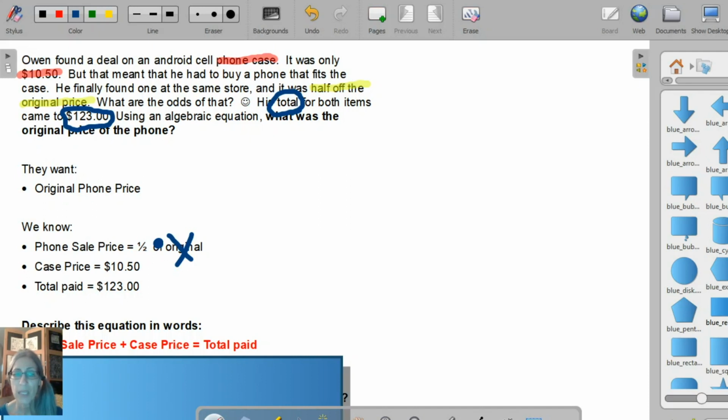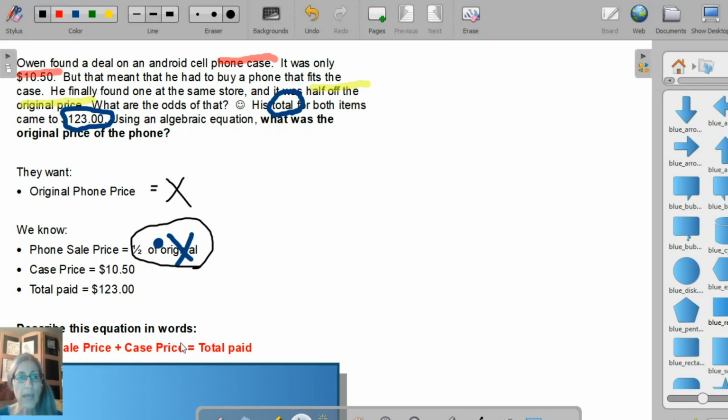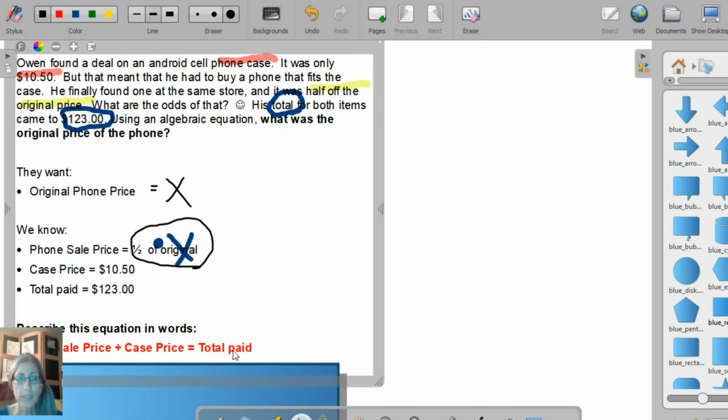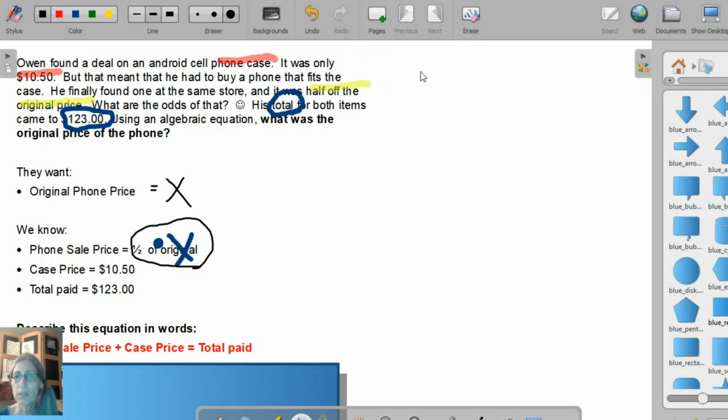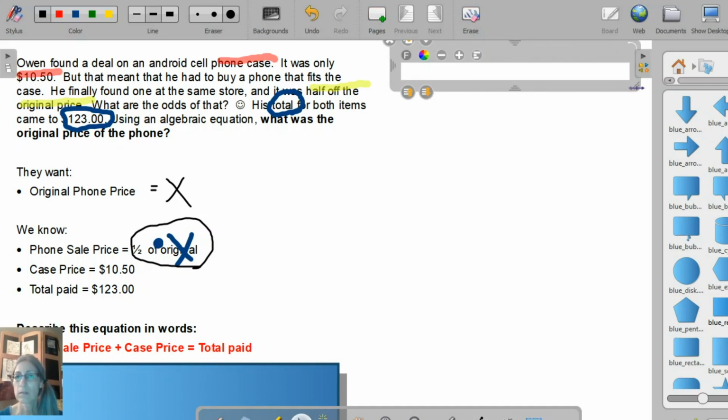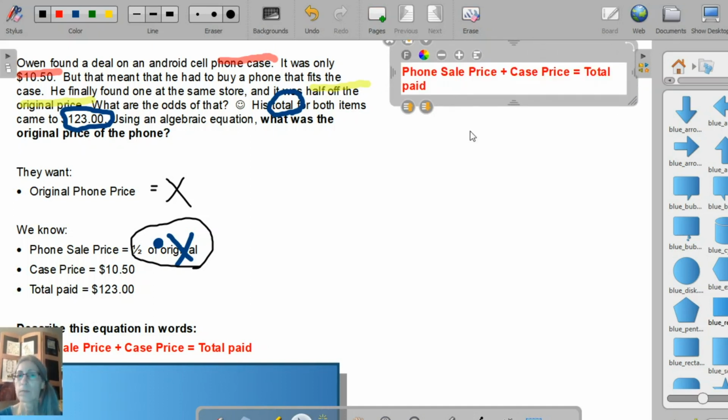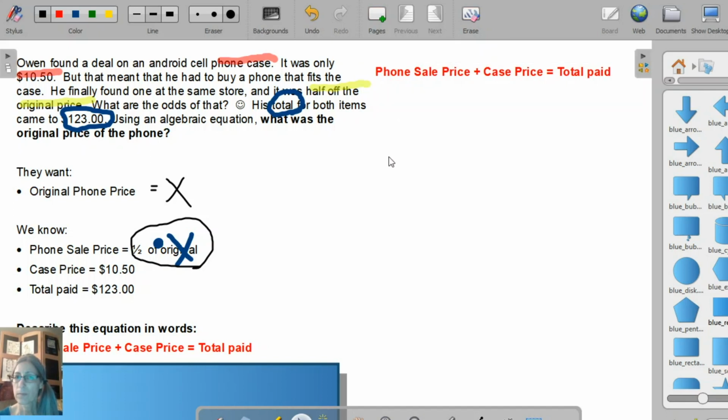And then the case price, well, we know that is $10.50. And then the total we know is 123. So let's go ahead and rewrite this in red up here, just so that we have it. So that's our formula that we're going to fill in with what we know.